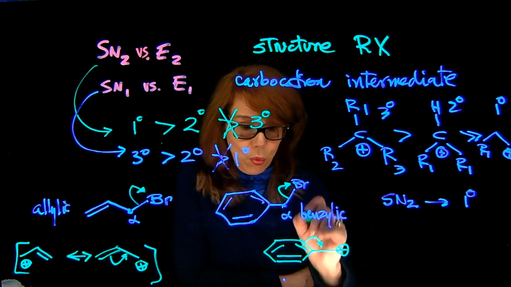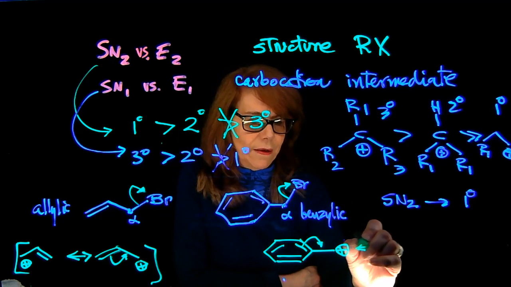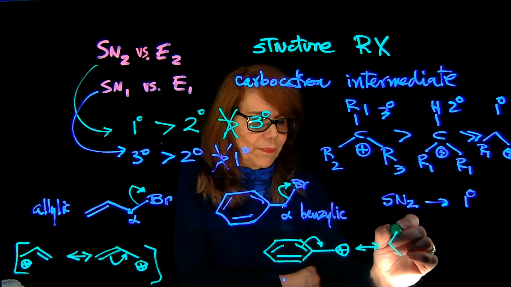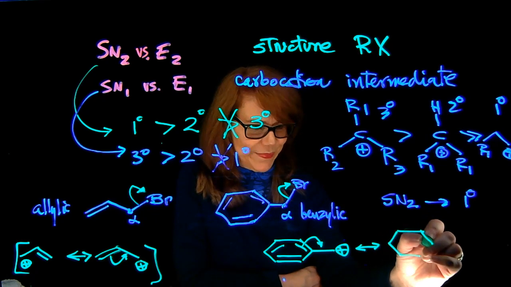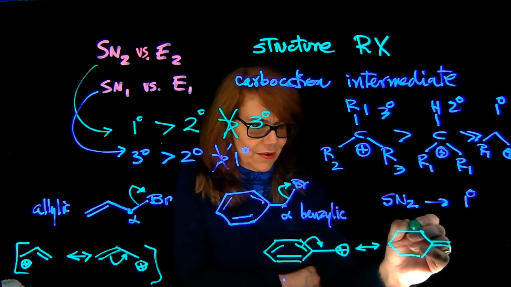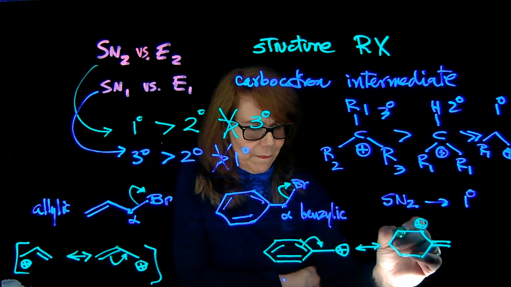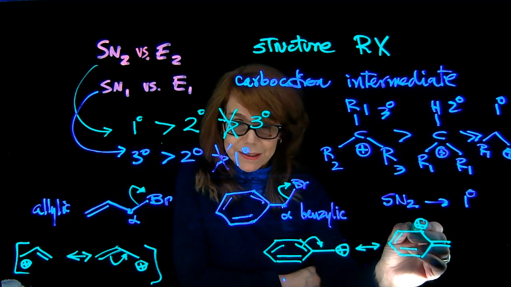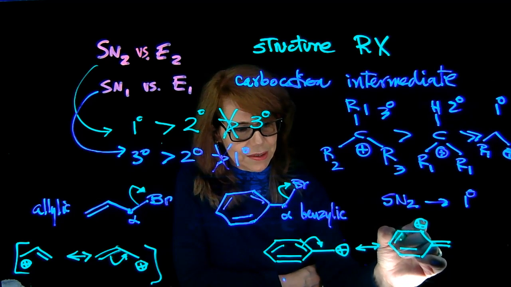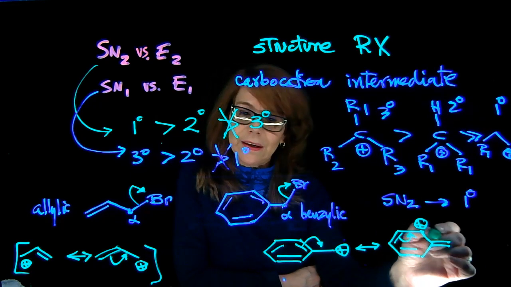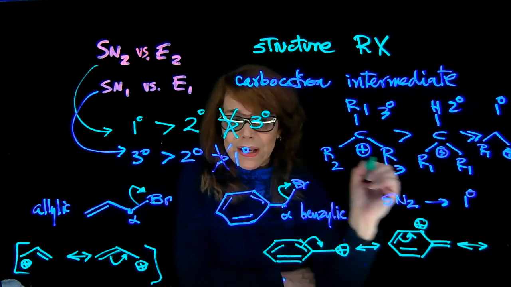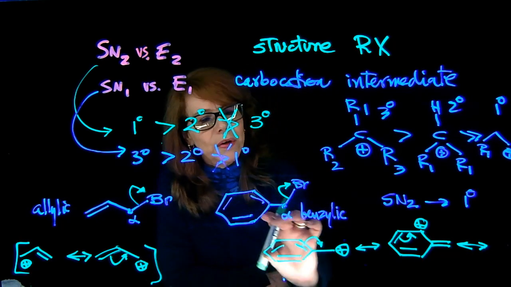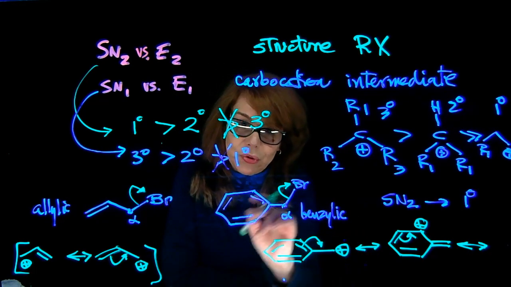I'm going to draw just one of the resonance structures, but there are several, and I'm sure you can do them all. So here you have one, but you can continue doing that. Remember, this positive charge is allylic to these pi electrons, so you can continue. There's more resonance involved there. So again, the carbocation is stable due to resonance.